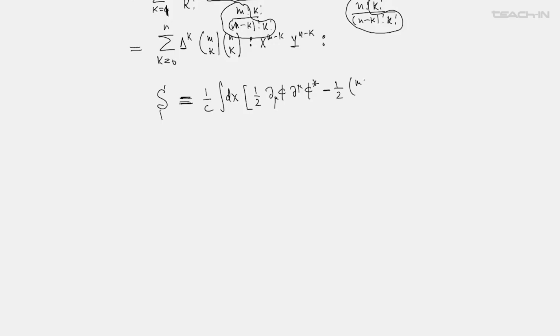And we may include a self-interaction of this field in the form g, the coupling constant, divided by h bar c, phi star squared phi squared. This is a non-trivial term, which I call self-interaction. The field interacts with itself.